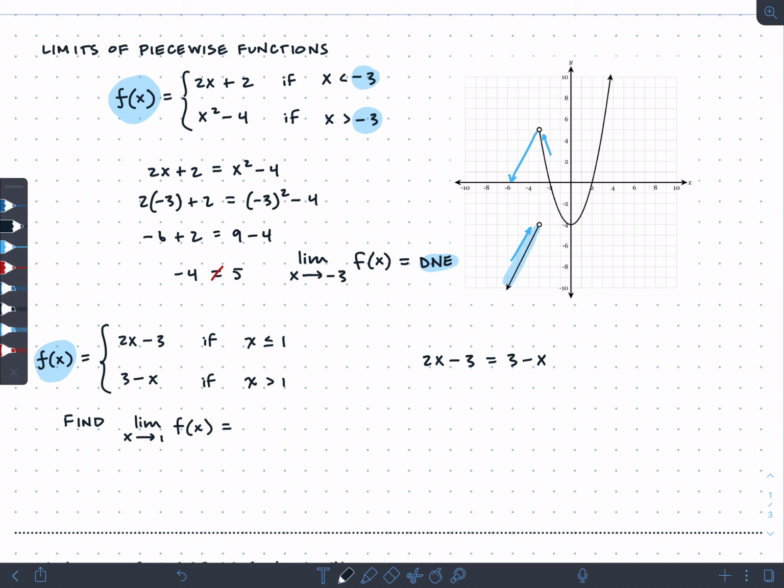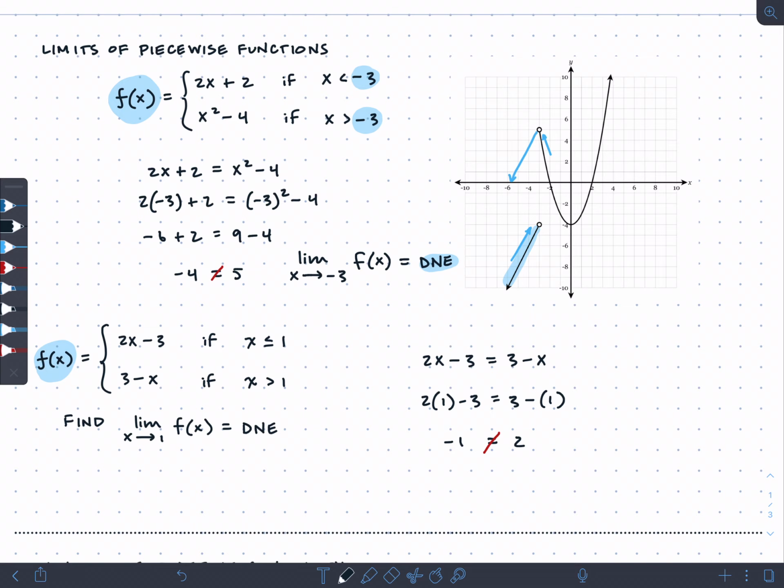And I can substitute 1 in for x and say that 2 minus 3 is -1, 3 minus 1 is 2. These are not the same, therefore this limit does not exist. If they are the same, then whatever that number would be is our limit.